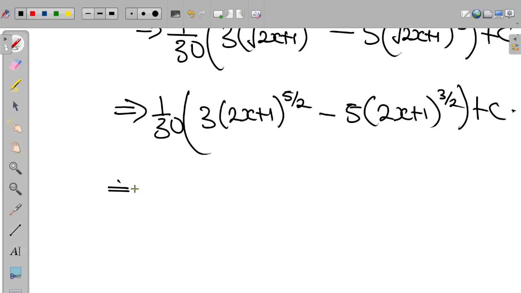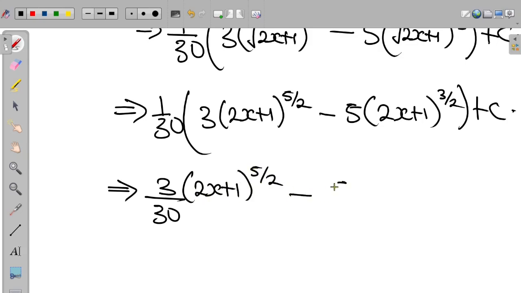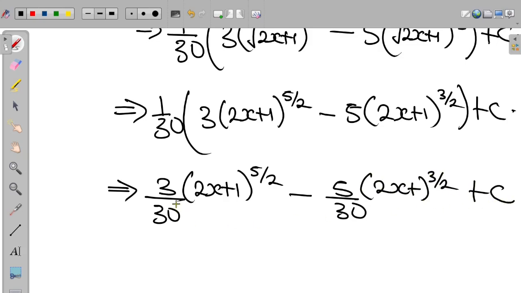So if we further simplify, this becomes 3 divided by 30 multiplied by (2x plus 1) to the power of 5 divided by 2, minus 5 divided by 30 multiplied by (2x plus 1) to the power of 3 divided by 2, plus c. So if 3 comes here, we have 1. 30 divided by 3, we'll be left with 10.